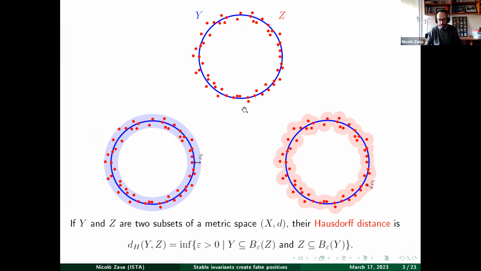So let's recall some basic definitions. If we have two subsets of a metric space, here we have the circle in blue and a sampling of the circle, some finite number of red dots.